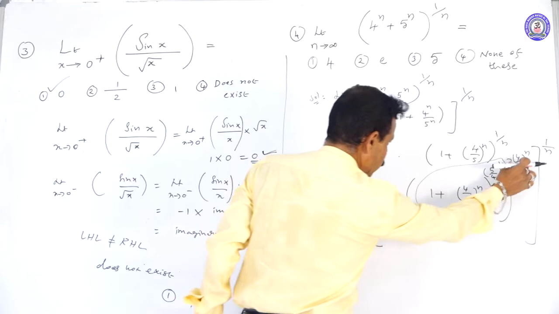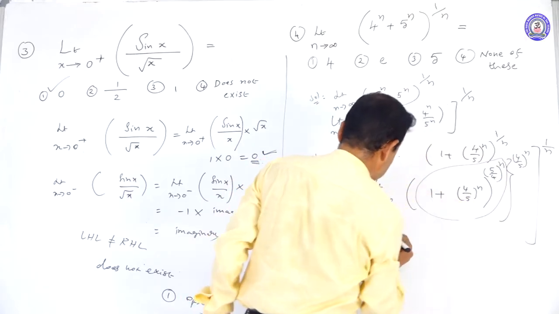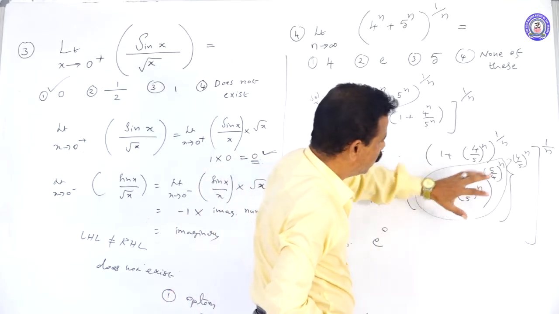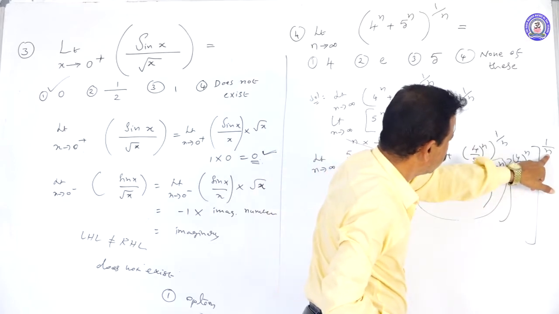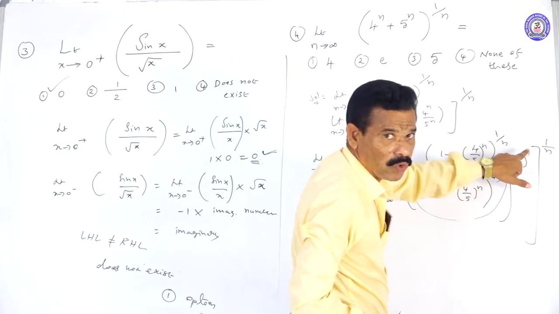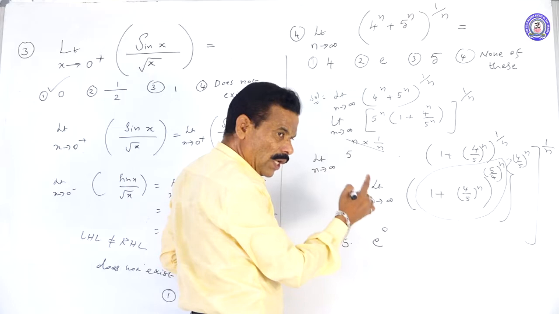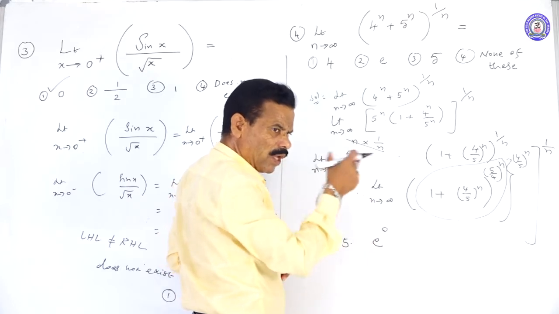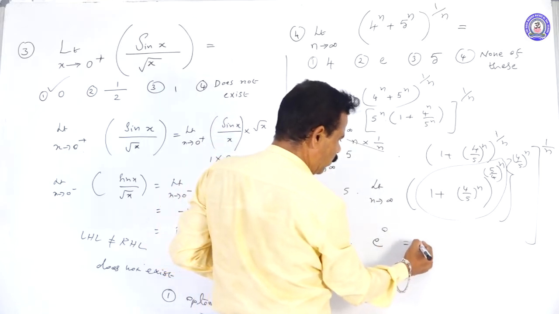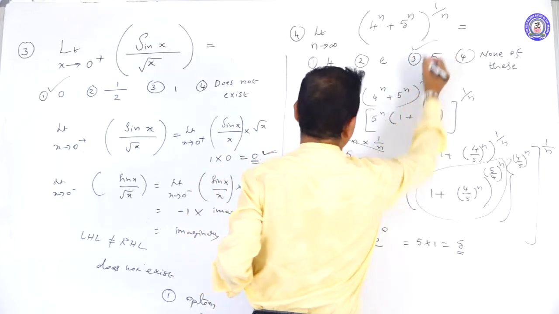So this value 4 by 5 power n into 0 is 0, and e power of 0 comes totally. That's why e power 0 is 1, since any value power of 0 is 1. 5 into 1 is equal to 5. So here the third option is the right answer.